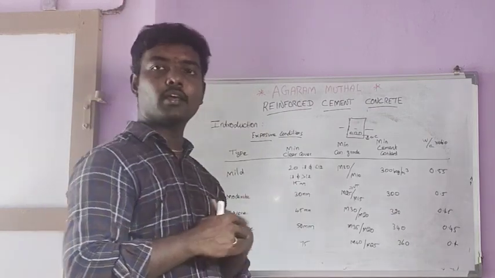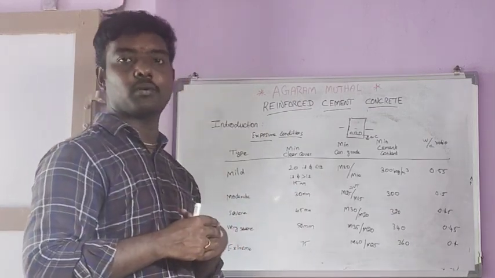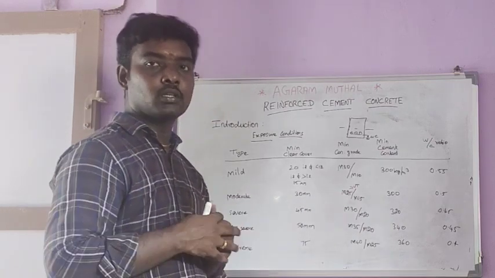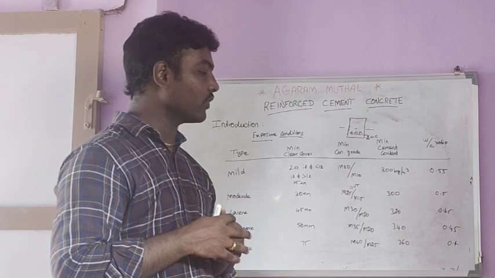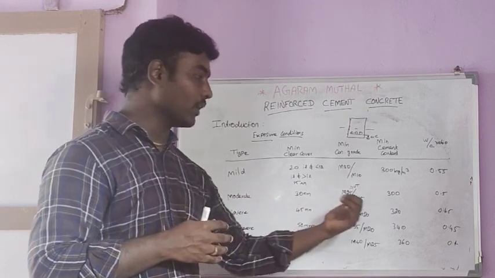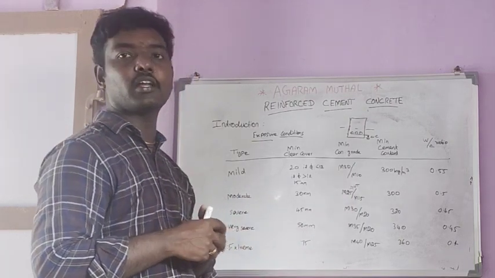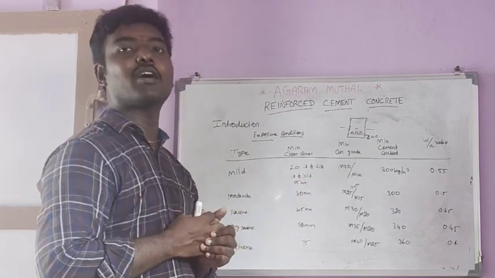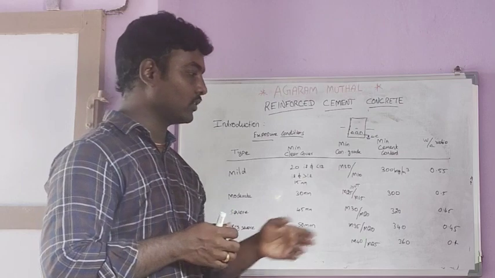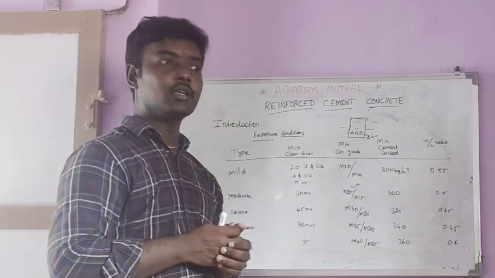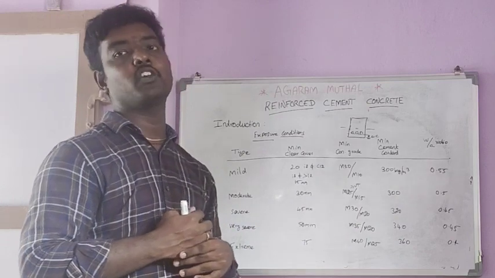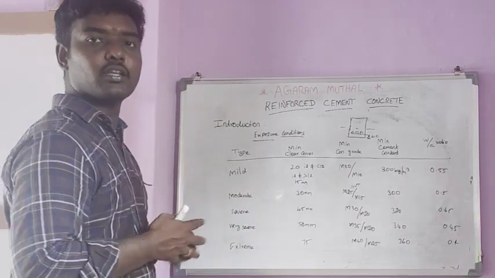For that the minimum clear cover is 30 mm, M25 at maximum and M15 is the minimum grade of concrete at moderate exposure. M25 is generally used for water tank designs, and the binder content is the same 300 kg per meter cube, and the water cement ratio becomes 0.5. And severe exposure.